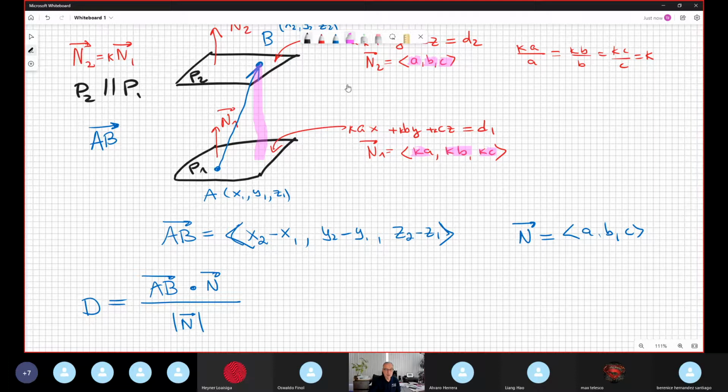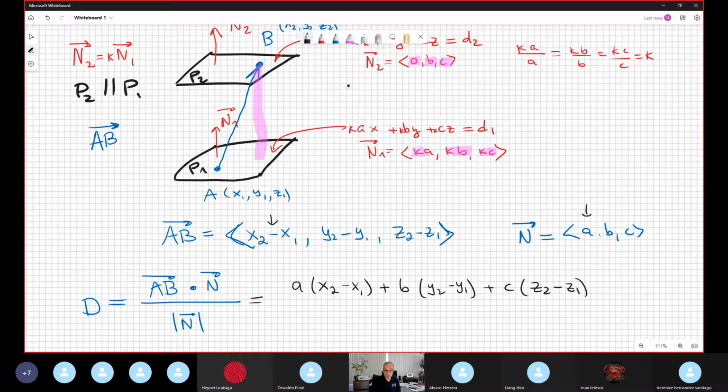Okay, so now we have, well, you multiply this times this. That's the same rule of the dot product. So, A times x2 minus x1 plus B times y2 minus y1 plus C times z2 minus z1.